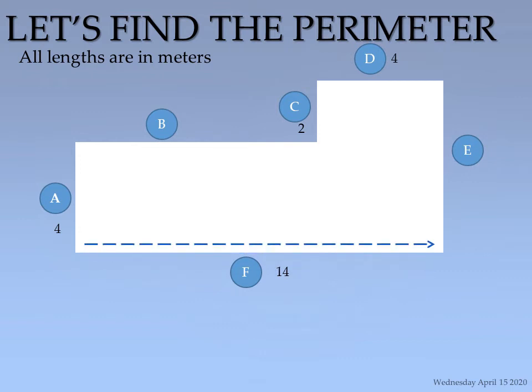Line F runs right from the beginning of this shape to the end. That's the full length of the shape. But there is a bit of excess, because if you look at line B, you will find out that line B stops somewhere at this point, and line F actually extends to the end.